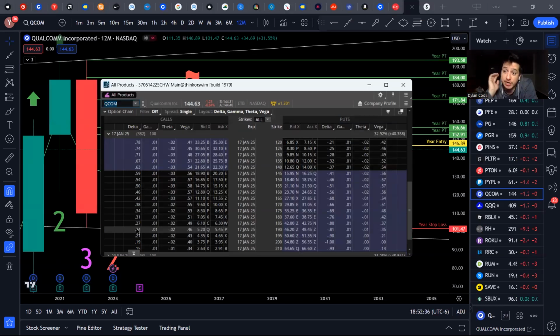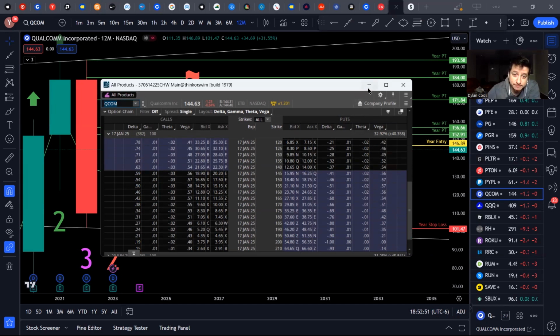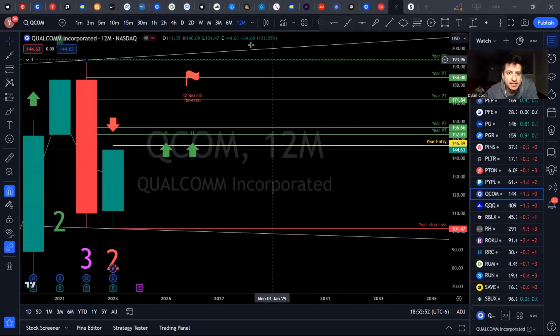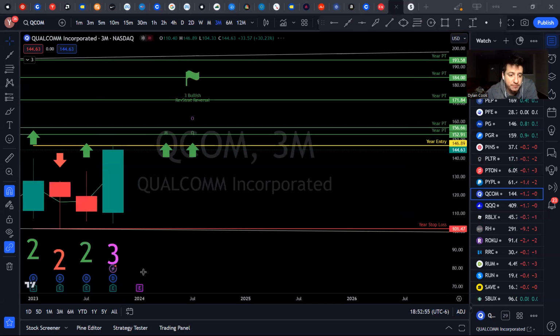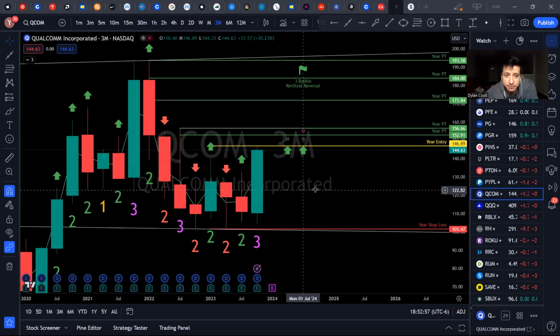Just look at it as a $20 difference. And your theta is actually better. It's 2 here versus 3 here. Better theta and a lot cheaper. So I like that. I like that with QCOM. On the call side, let's go ahead and go to the 3-month chart, the quarterlies, to find out where some PTs are.